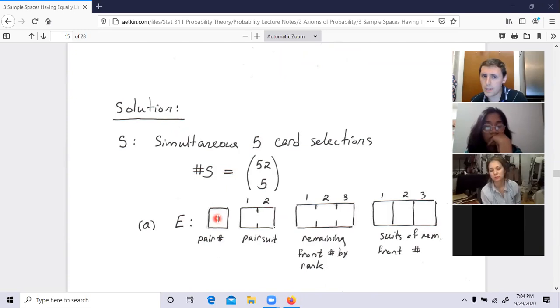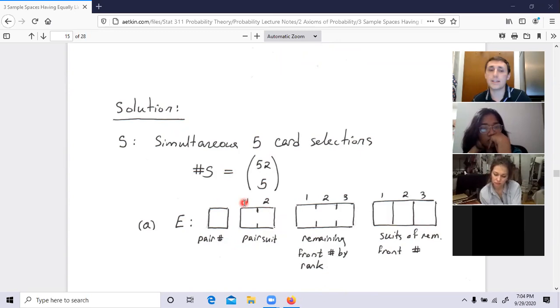Okay, so pair number, and then what are the suits? Pair suit, right? The suits are listed 1 through 4, correct? So I will file the suits as first the smallest suit, second the biggest suit. So those 3 boxes give me complete information about the pair.